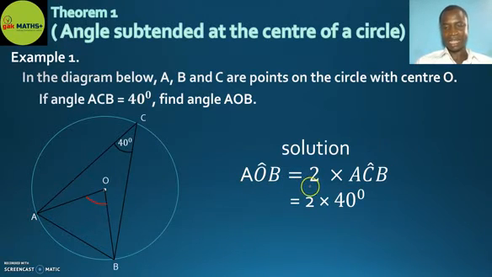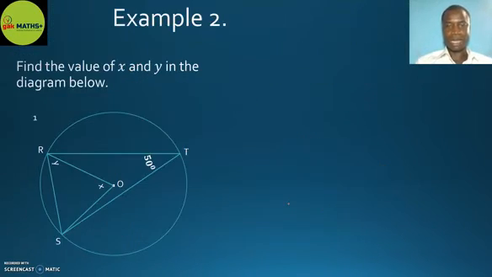So we can say that 2 times 40 degrees, which is the angle subtended at C, that is angle ACB, gives us 80 degrees. So from the solution and the theorem, we can say that the angle subtended at O is 80 degrees. Great. Isn't this simple? Now let's take a look at another question.